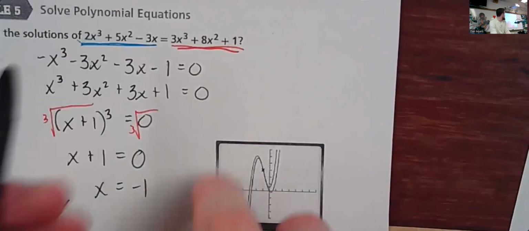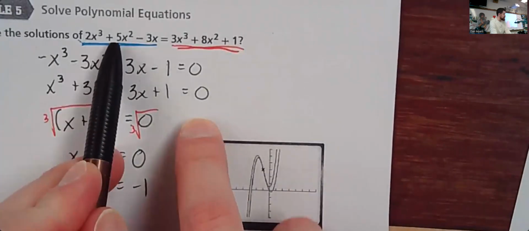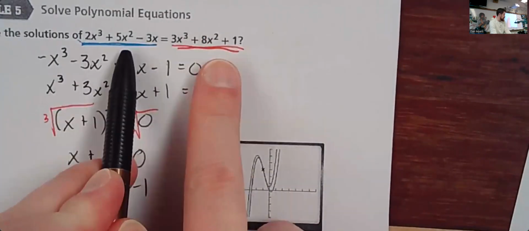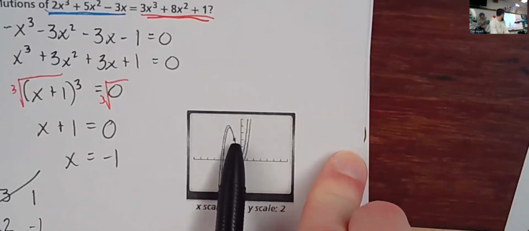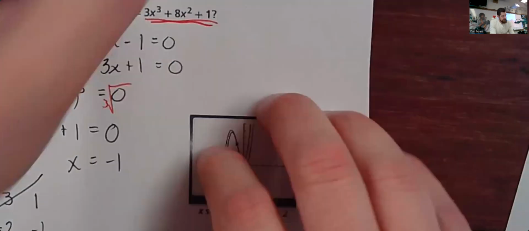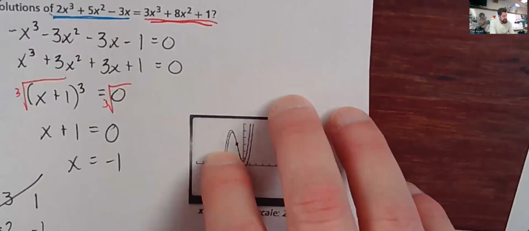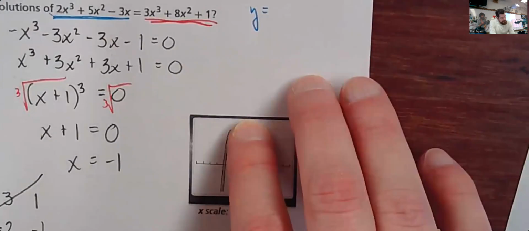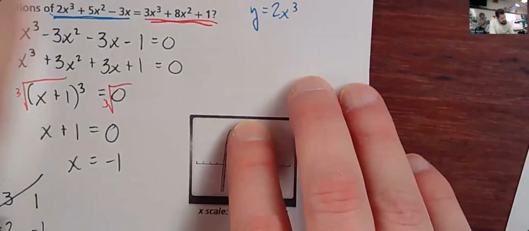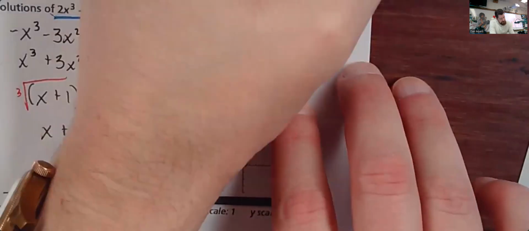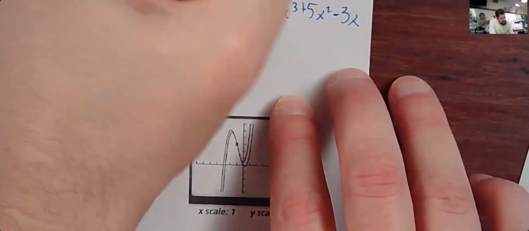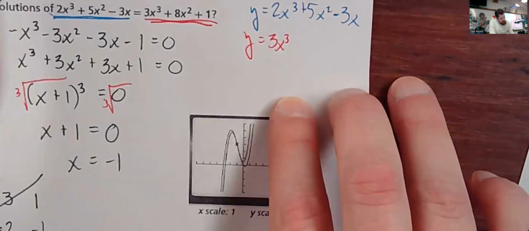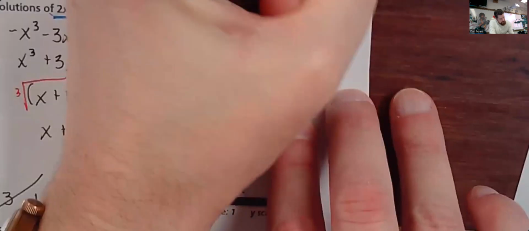Which means if we evaluate for x equals -1 separately in each of those, we should get the y value of the intersection, which appears to be 3. So that means we've got two functions here. We have y equals 2x cubed plus 5x squared minus 3x, and we have y equals 3x cubed plus 8x squared plus 1.